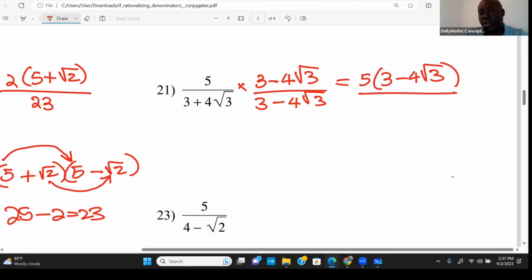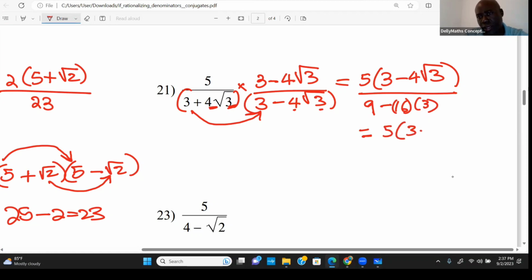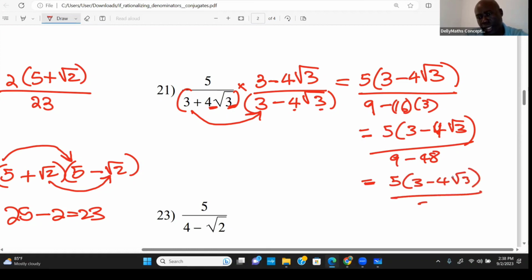Underneath, this times this will give me 9. And then the 4 times this 4, that's negative 16. And then root 3 times root 3 will give me 3. So basically, I'm going to have 5 times 3 minus 4 root 3 over 9 minus 48. My final response is 5 times 3 minus 4 root 3 all over negative 39.